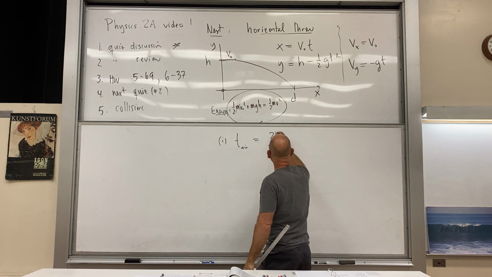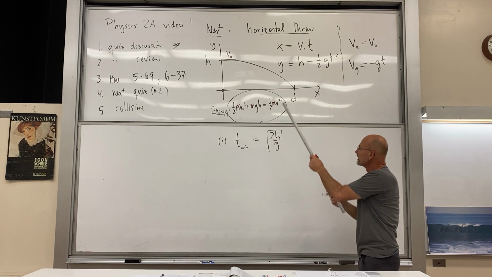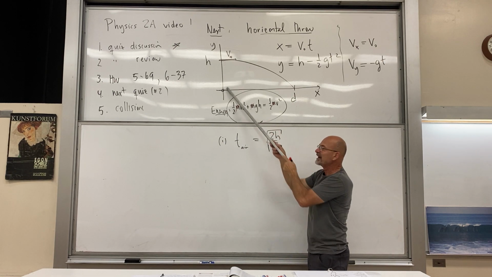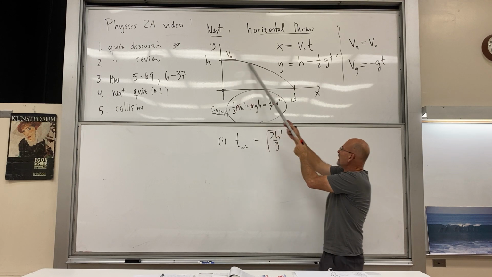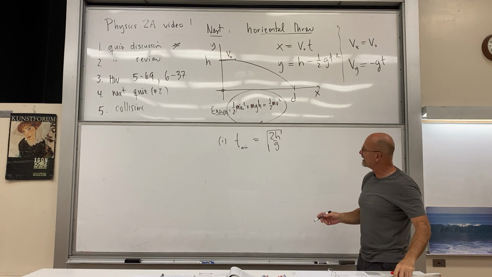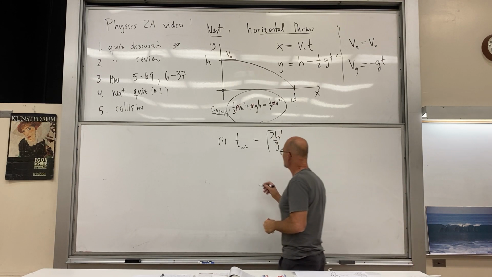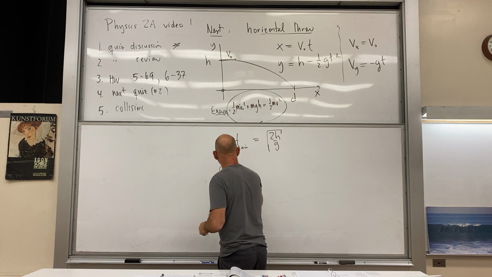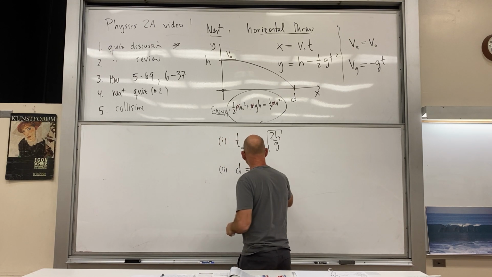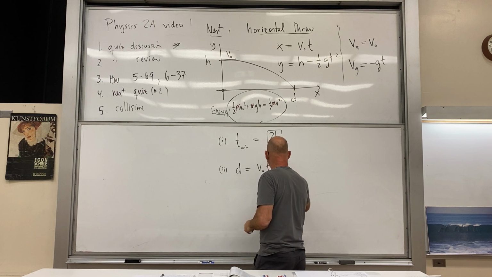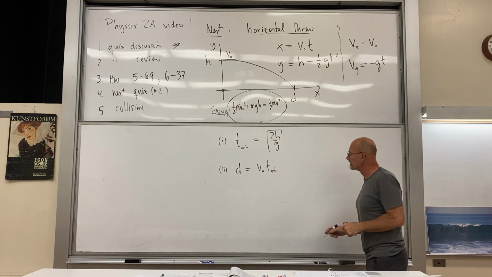So we get the square root of 2h divided by g. It's just the same time it would take to fall straight down, because the horizontal and vertical motions are independent of each other. And then the distance is v0 times this air time we found.